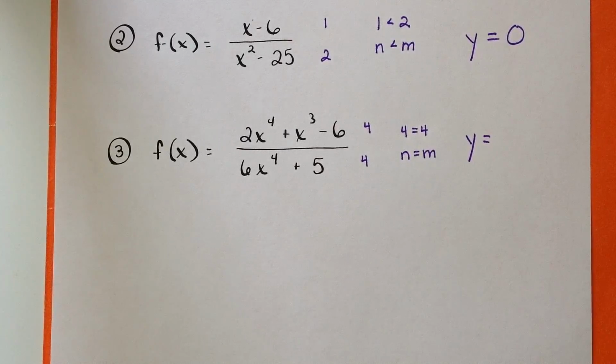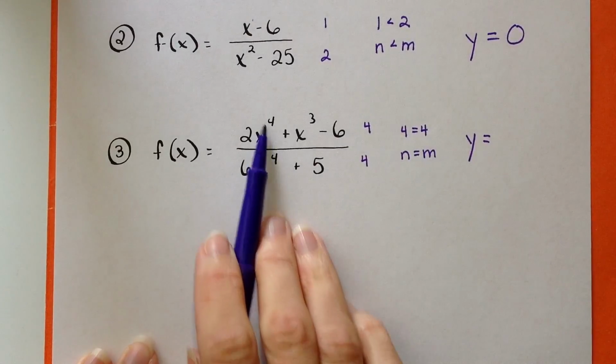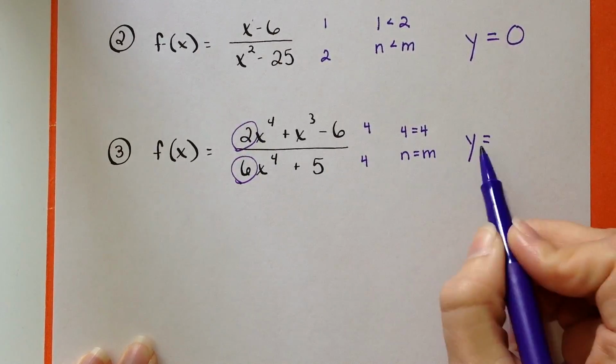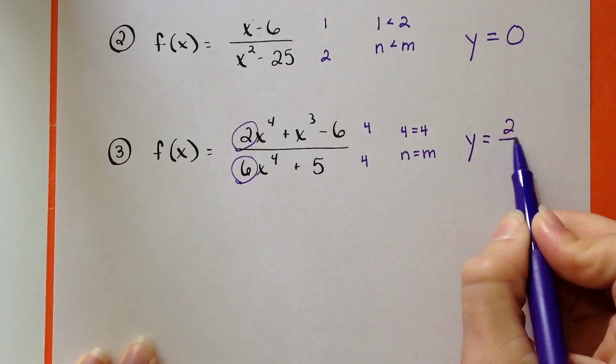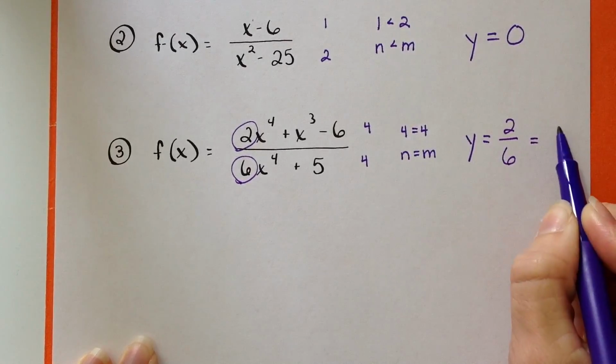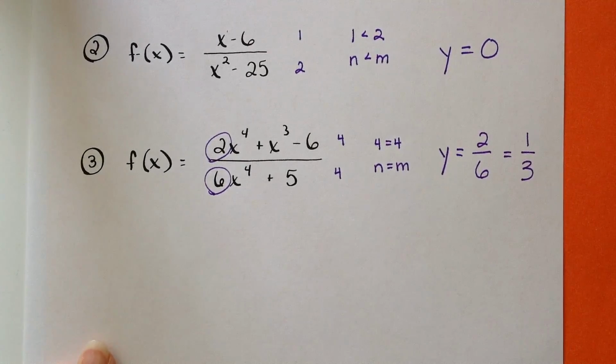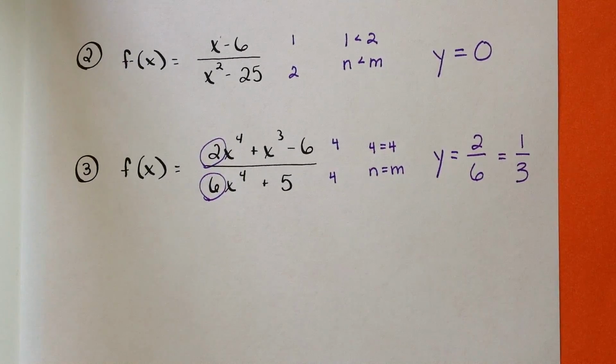But your leading coefficients are going to be the numbers in front of your variable with the largest exponent. So it's actually going to come where these 4s are. So that's going to be your 2 and your 6. So you'd have y is equal to 2 divided by 6, which in this case you can reduce then to be 1/3. So y equal 1/3 is going to be your horizontal asymptote.